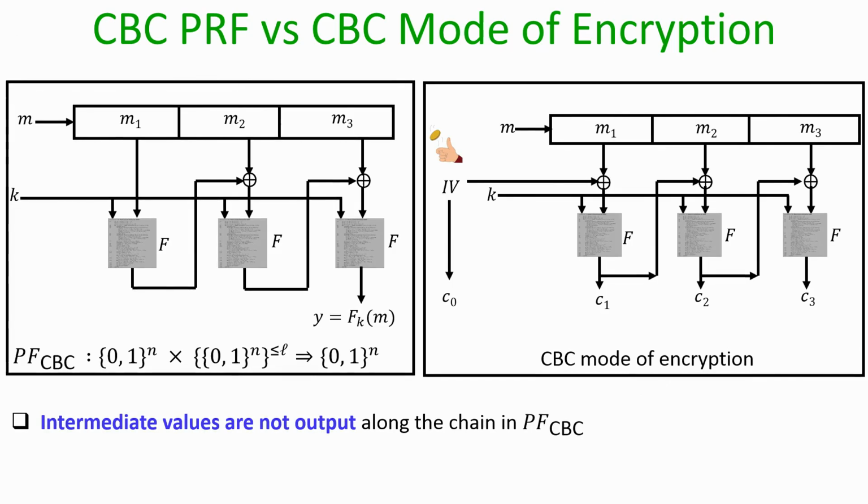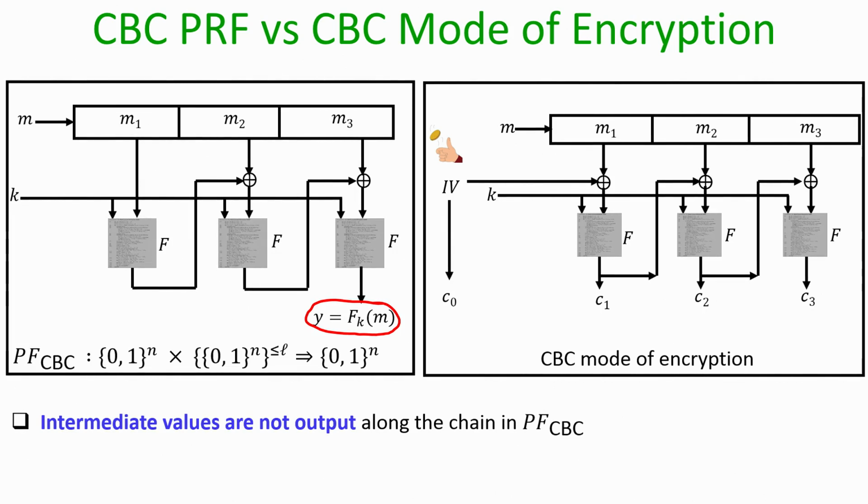So, the differences between these two primitives are as follows. First of all, in the CBC PRF, the intermediate values are not output at all. It is only the outcome of the final invocation of F which is output as the overall output of the CBC PRF. Whereas, in the CBC mode of encryption, each of the intermediate outcomes of F are also part of the overall output.